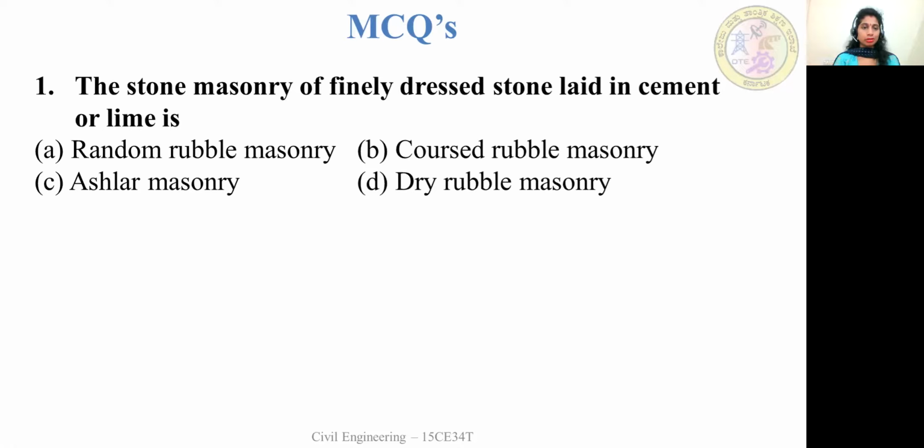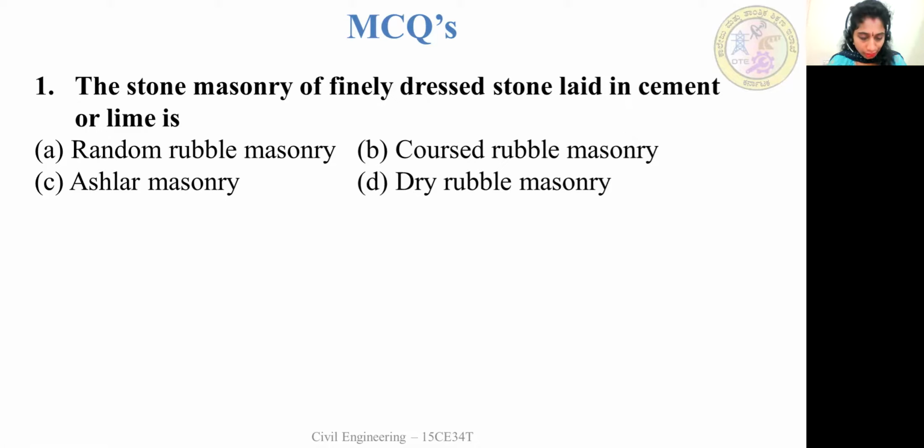First question: the stone masonry of finely dressed stone laid in cement or lime is. Option A, random rubble masonry. Option B, coarse rubble masonry. Option C, ashlar masonry. Option D, dry rubble masonry.